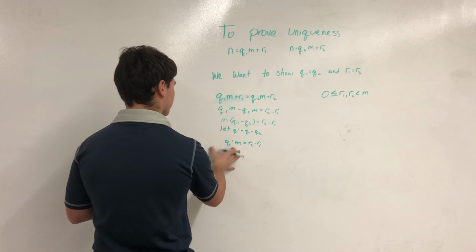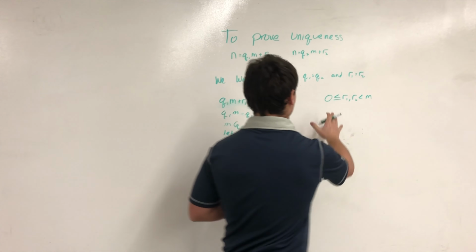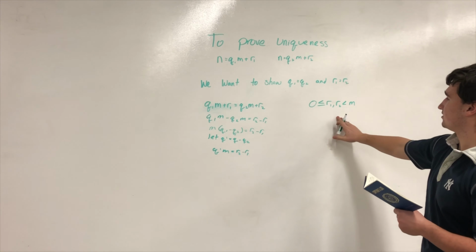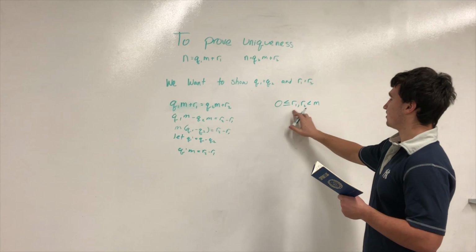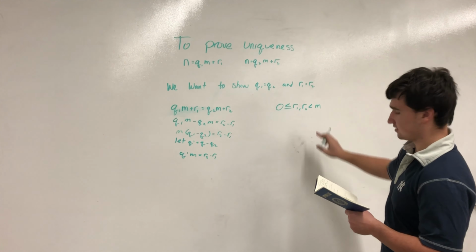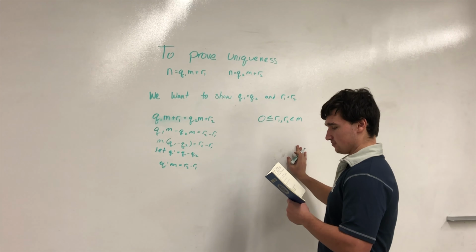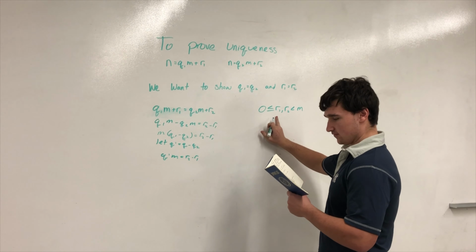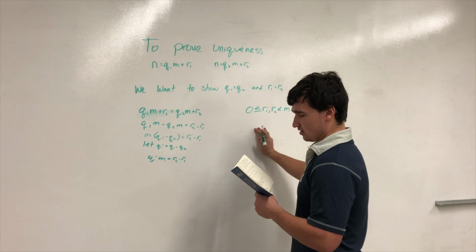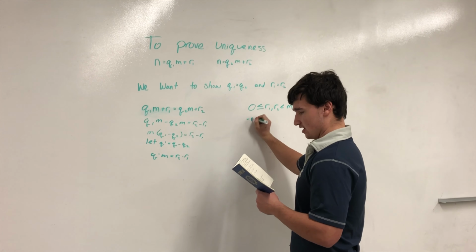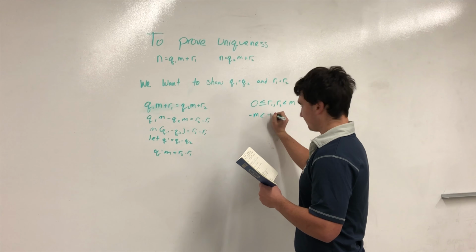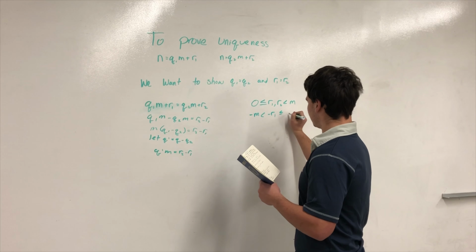And so now we're going to pause here for a moment and come over to here where we have 0 is less than or equal to r1, r2, which is less than m. Then we're going to multiply the r1 version of this by -1, which gets us negative m is less than negative r1, which is less than or equal to 0.